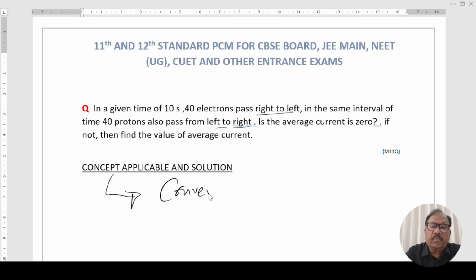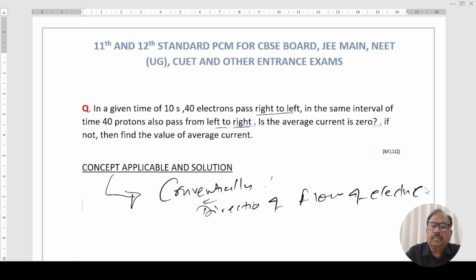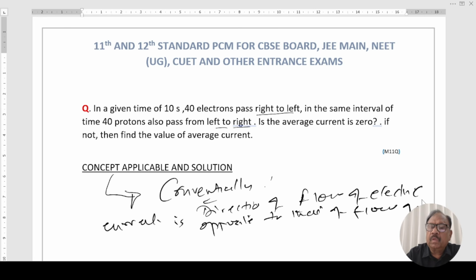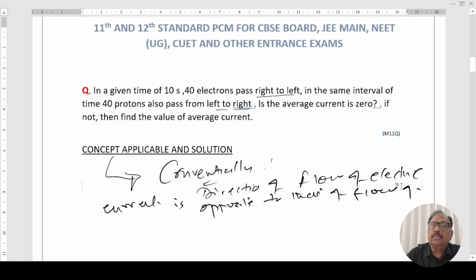Conventionally, the direction of flow of electric current is opposite to that of flow of electronic charge.